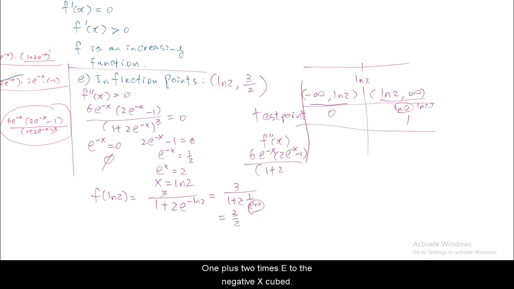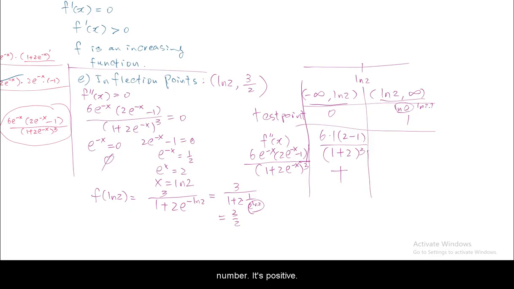Okay. So if you plug in 0 here, that's 6 times e to the 0, which is 1, times 2 times 1 minus 1, over 1 plus 2 cubed. I don't care what it is, but I can see it's a positive number. It's positive.